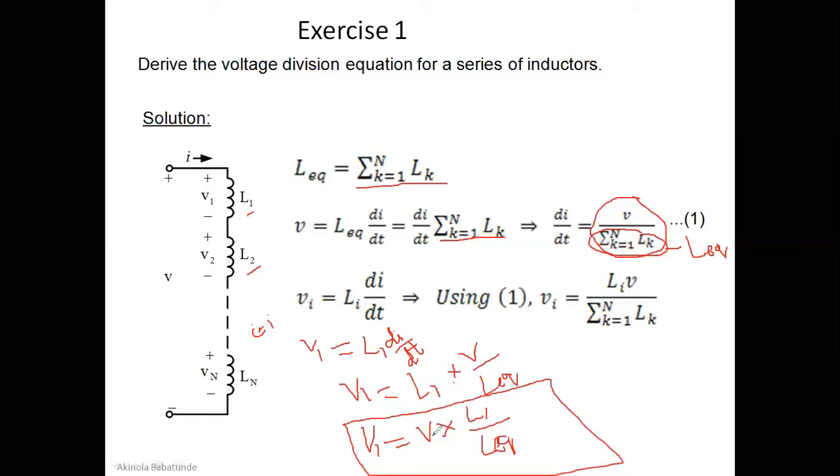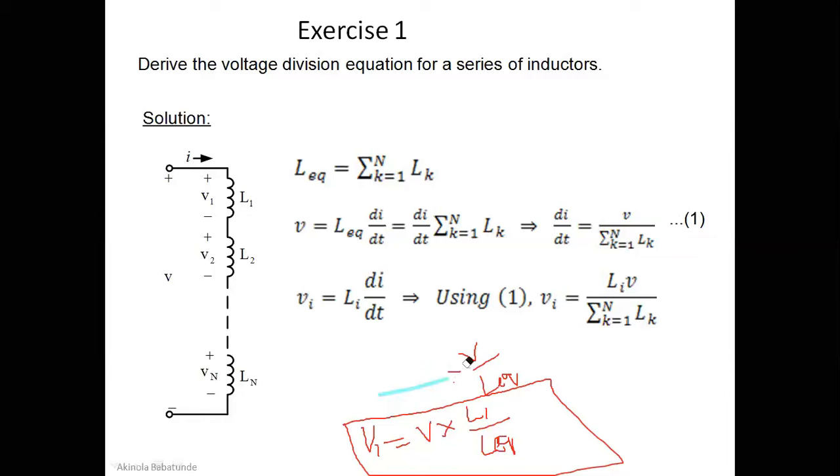If you're looking for V2, it will be equal to the voltage source multiplied by L2 divided by L equivalent. V3 will be equal to the voltage source multiplied by L3 over L equivalent, and the sequence goes on and on like that. So this is how to carry out voltage division for inductors connected in series.